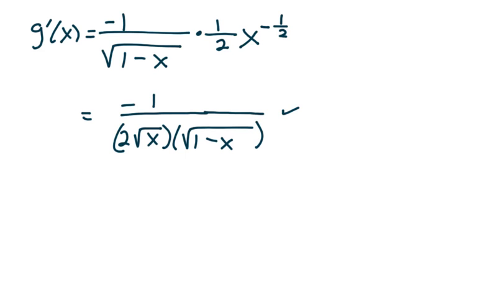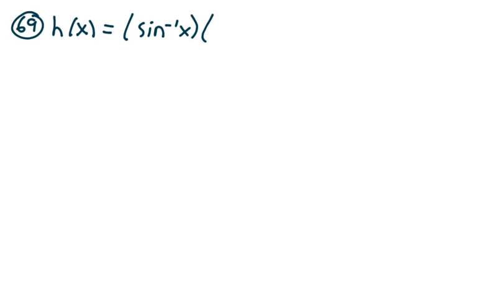And let's take a look at one more for this video. So on 69, we have h of x is equal to arc sine x, or inverse sine x, times natural log of x. So this is a classic product rule problem.